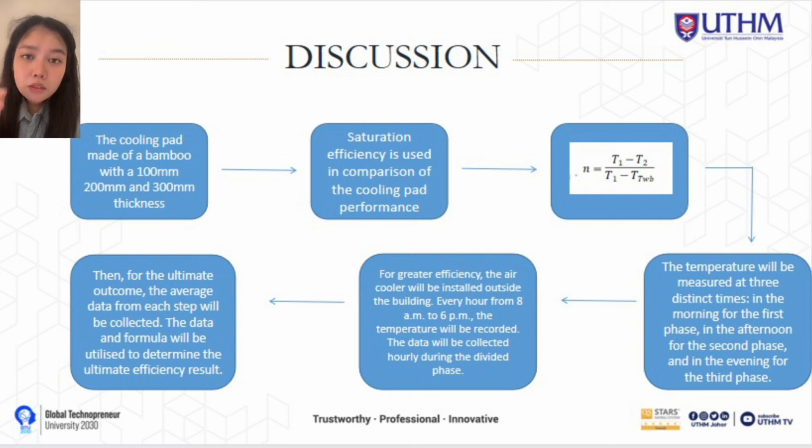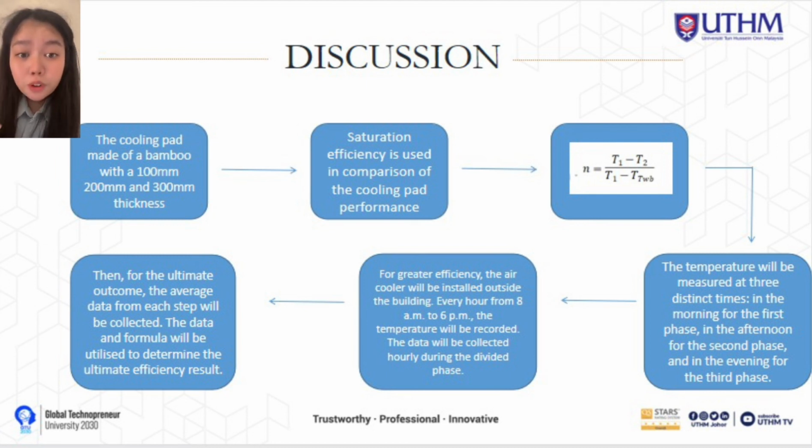The saturation efficiency is used in comparison of the cooling pad performance, and the following equation is used to determine the saturation efficiency. The temperature will be measured at three times: in the morning for the first phase, in the afternoon for the second phase, and in the evening for the third phase. For greater efficiency, the cooler will be installed outside of the building.